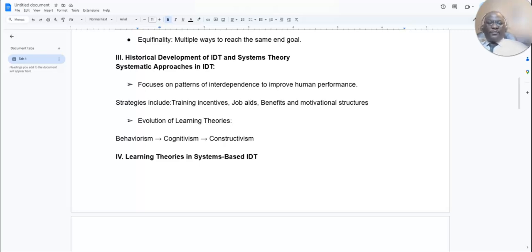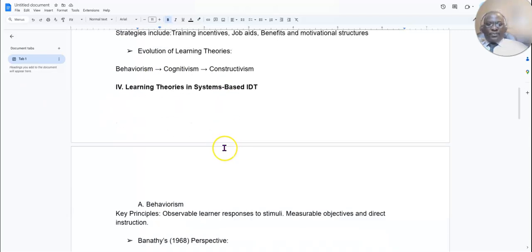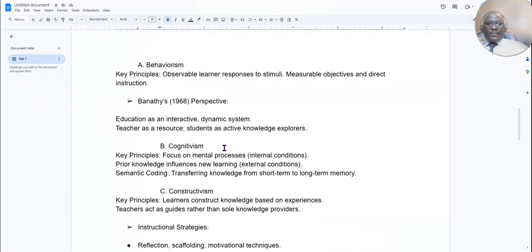Behaviorism is the observable action, so the things we can observe. Cognitivism is the mental processing, or how students, for example, assimilate information and how they process it internally. So those are the internal conditions.